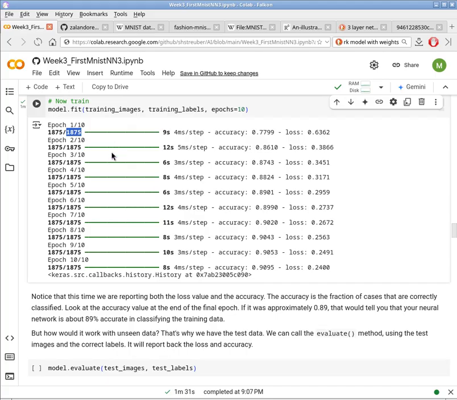So 1875 batches of 32 was one epoch, one time through the 60,000 data. And we got up to about 91%. It flattened out pretty quickly, right?